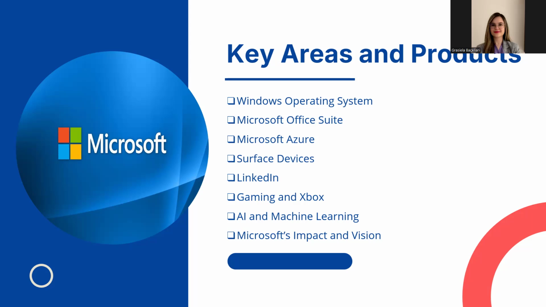Then the Microsoft Office suite that we will discuss today, which includes applications like Word, Excel, PowerPoint, and Outlook. It is used in professional environments for tasks involving document creation, data analysis, communication, and more.